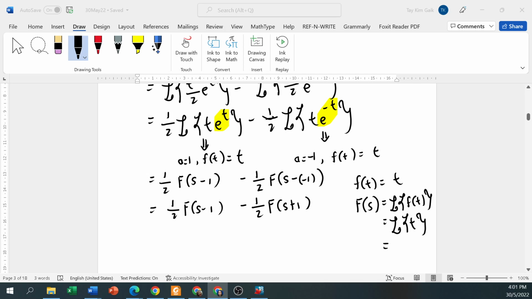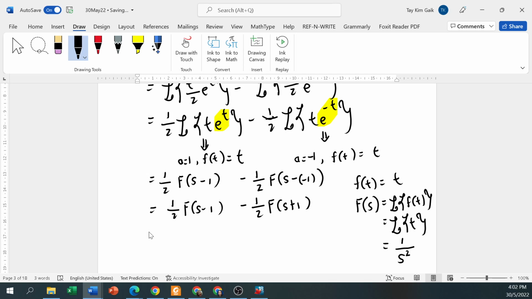Okay, we call the next one, Farhan. Farhan, what is the Laplace transform for t? It is 1 over s to the power of what? 1 plus 1, 2. So F(s) is 1 over s squared, because both f(t) are the same.